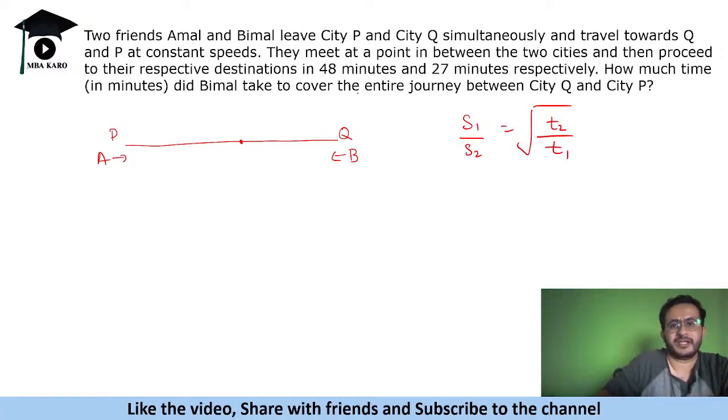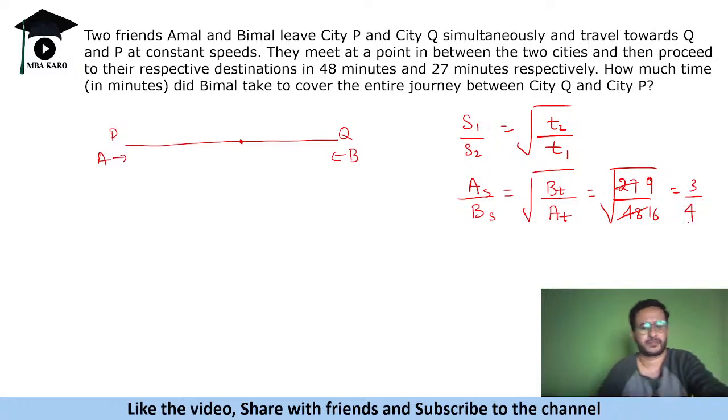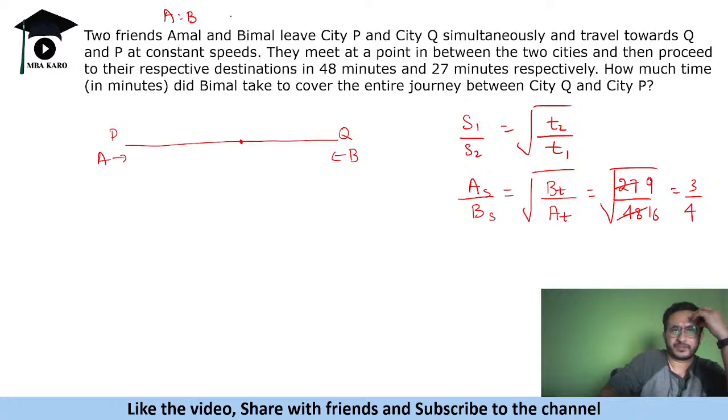Remember this. Here T2 is the time that they take after meeting. So if I talk about A's speed and B's speed, A ratio B's speed will be equal to the root of B's time over A's time, meaning the time after the meeting point. So that is root of 27 by 48. So that is 9 and 16 after cancelling 3, so 3 by 4 will come. So A ratio B's speed will be 3:4.